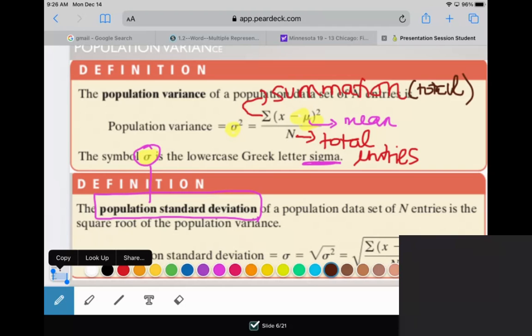Okay. So the sigma represents population standard deviation. Again, deviation means where you are from the mean. Population is the group that we're going to compare for that group. Standard is more like the average. So you can think of population standard deviation as comparing where you are with this population, where you are from the norm, from the average.